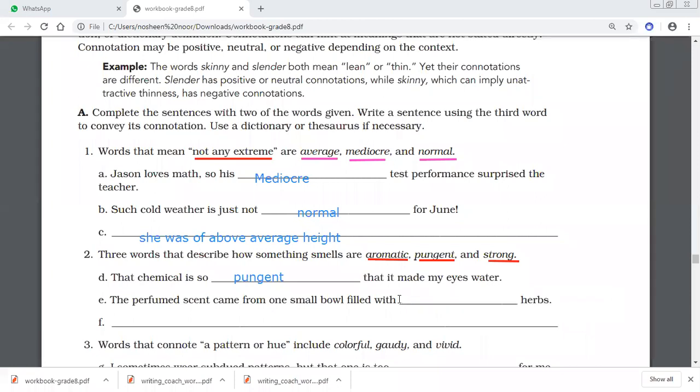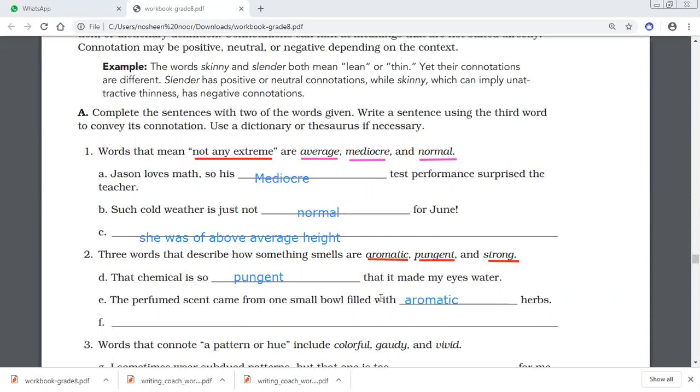Keep your books open right in front of you. Aromatic, yes. It would be aromatic in order to be a perfumed scent. So the herbs would be aromatic because they had a perfumed scent.